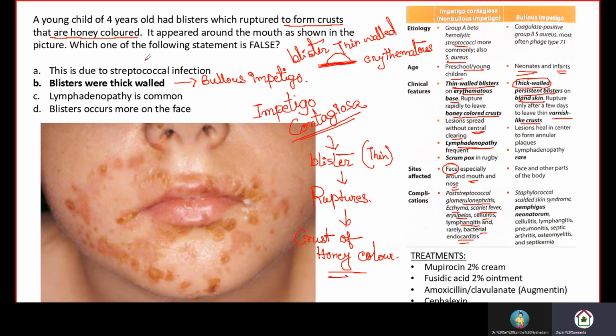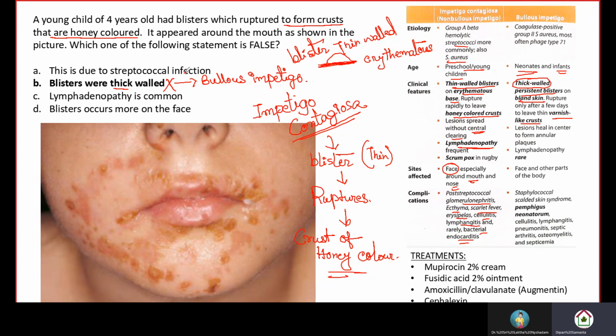So blisters have to be thin walled, not thick. If it is written rupture to form varnish-like crust, then it can be thick walled. Another thing is the age: a young child of 4 years.